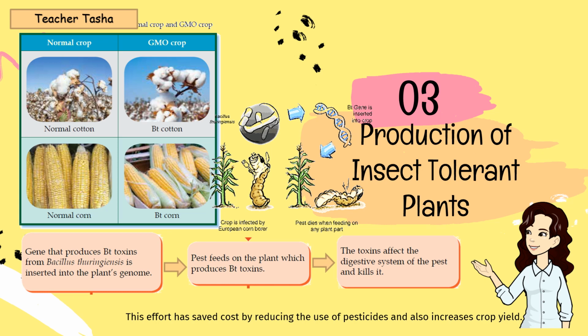So when the shoot or fruit of the genetically engineered crop, brinjal, maize or cotton, is ingested by the insect larva, the Bt toxin is released in the insect's body, thus killing the insect. The development of the Bt brinjal or the Bt crop variant has significantly benefited farmers and consumers as well as protected the environment.